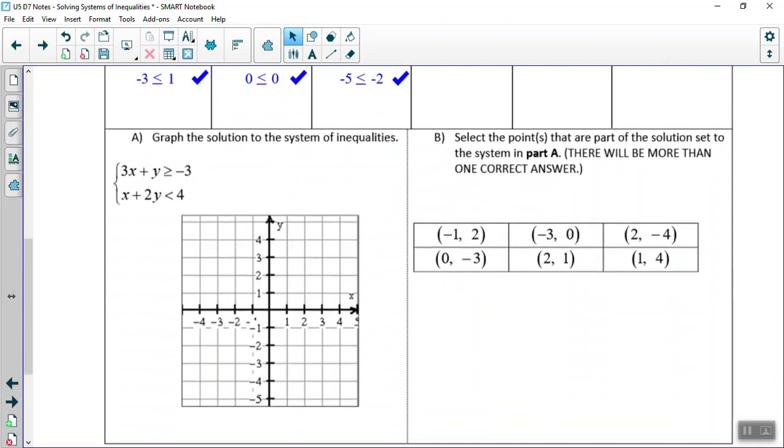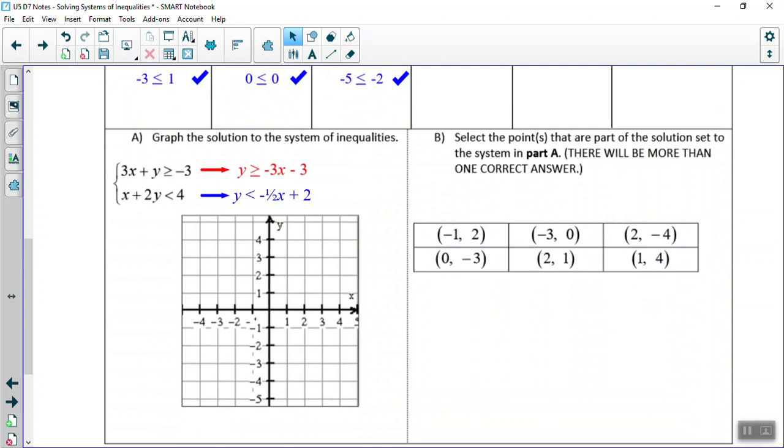All right, let's come down here, and we're going to graph a solution to this system of inequalities. So first, we have to rearrange. I have to get y by itself, so I'm going to subtract the 3x to the other side. This one, I'm going to have to get y by itself, so I'm going to bring the x over and then divide by 2.